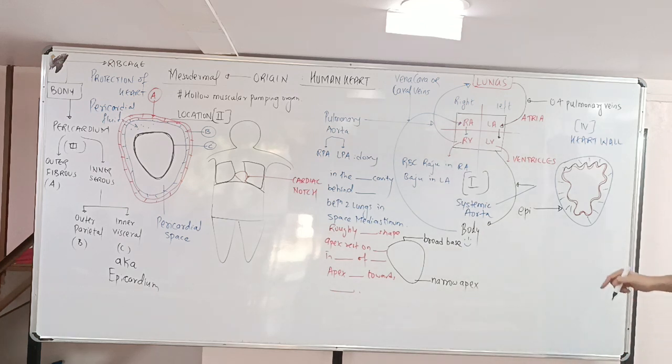Now, do you know the outermost heart wall, which is called epicardium, and the innermost wall of the pericardium, which is called the inner visceral layer, is one and the same. पेरिकार्डियम की सबसे अंदर वाली लेयर और हार्ट वॉल की सबसे बाहर वाली लेयर एक ही है. And the middle layer, what do you call it? Myocardium.